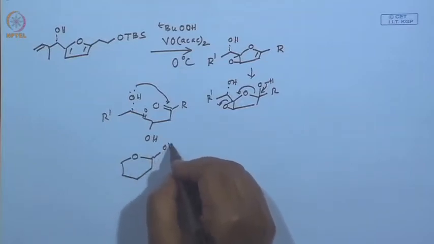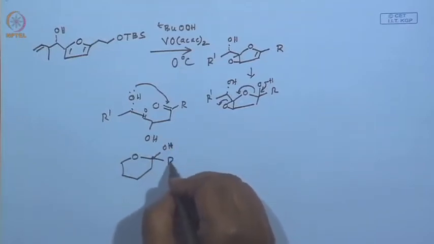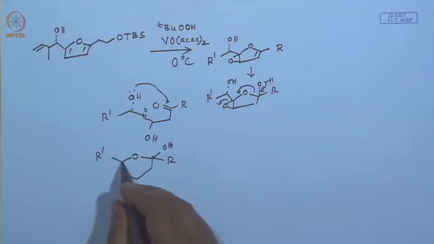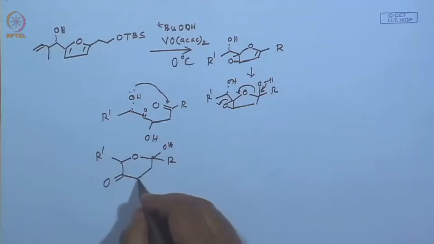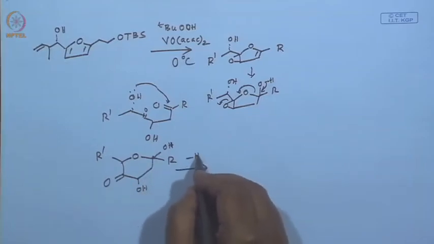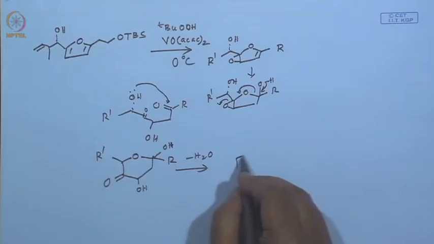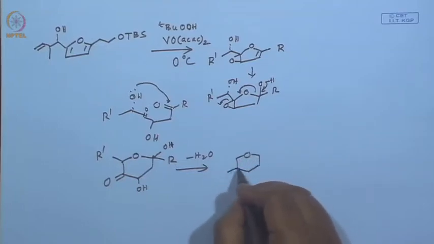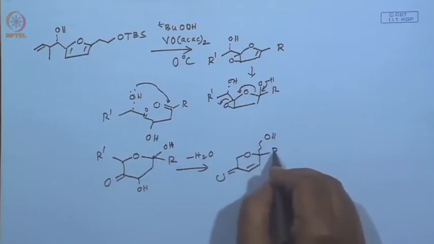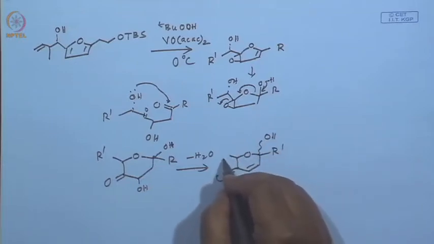You have OH up here, then R, and on this side we will have R prime, then next to this one is this, and this OH up here, right, and this OH, and at some point it loses water. So what do you get? It is a pyranone. So you got a pyranone, and this is OH, and this is R, and of course then R prime.